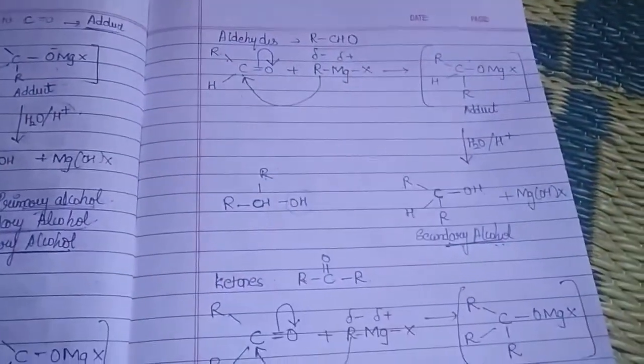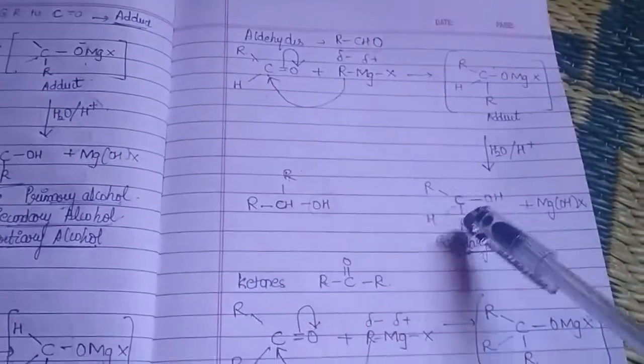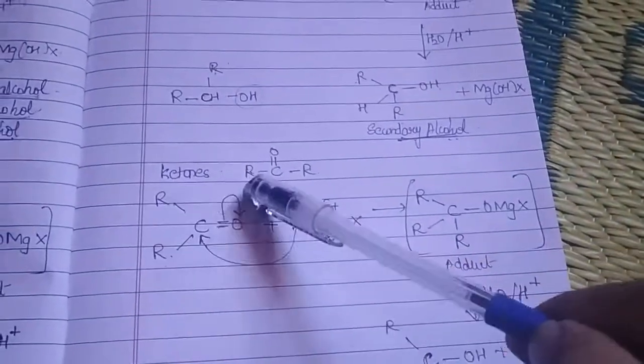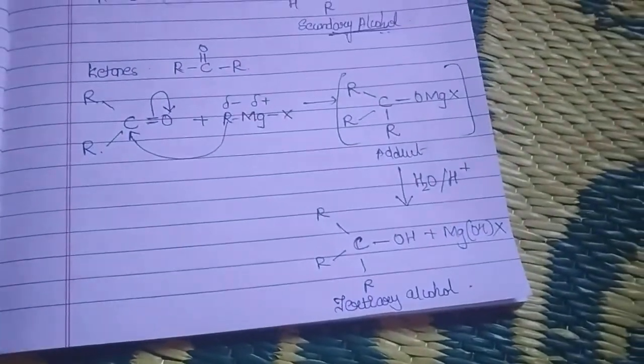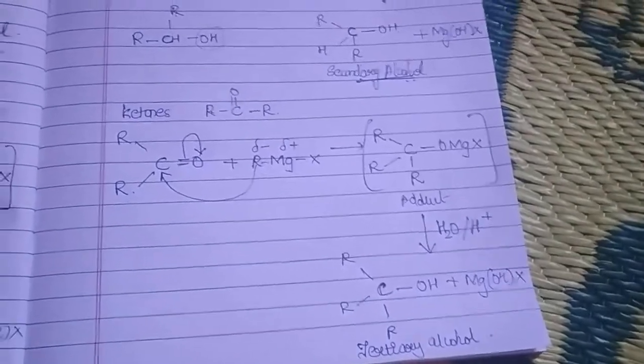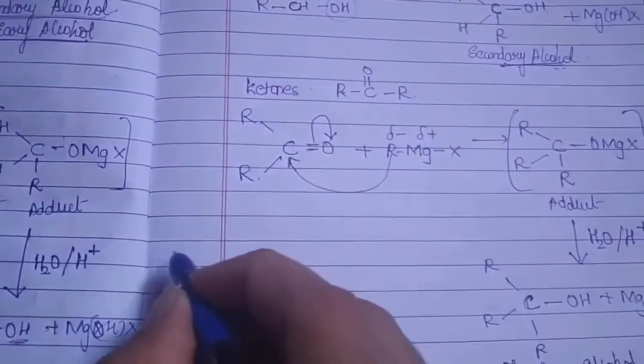Whenever any other aldehyde is used, we get a secondary alcohol. If you use ketones with the Grignard reagent, we get a tertiary alcohol. So sometimes in many competitive exams they can ask you the question in this way.